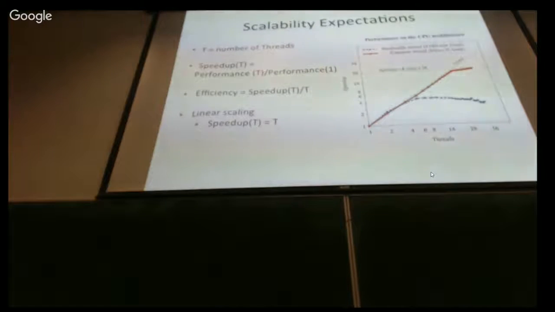We might interpret it in different ways, but let's say it's that for the moment. Then efficiency is just as important a metric, if not more important: the speed up you get with T threads versus the number of threads. That's your parallel efficiency. And you get linear scaling if your speed up for T threads is equal to the thread count.